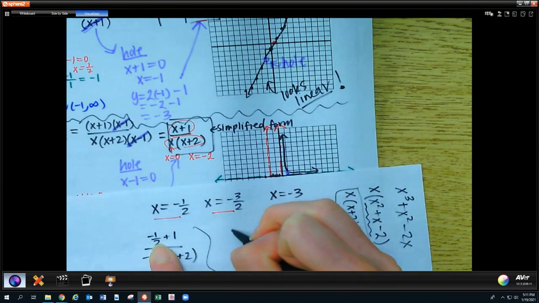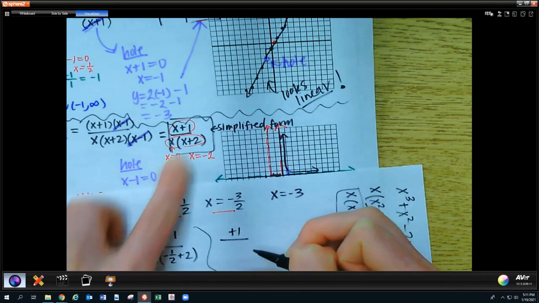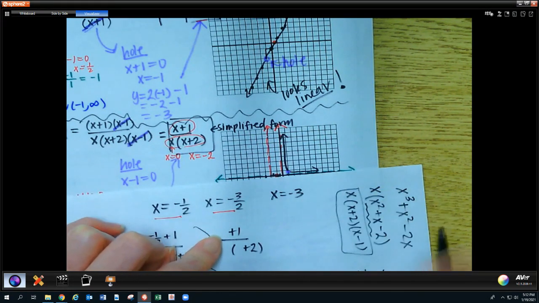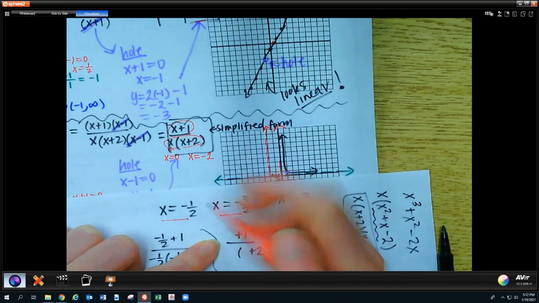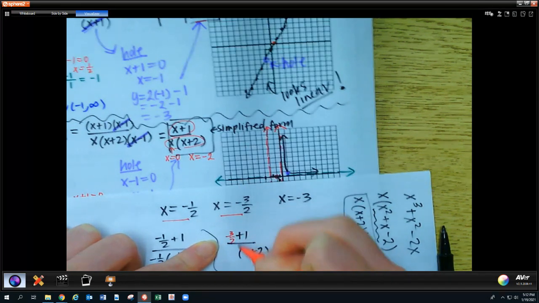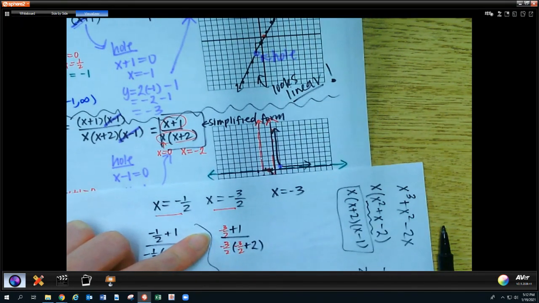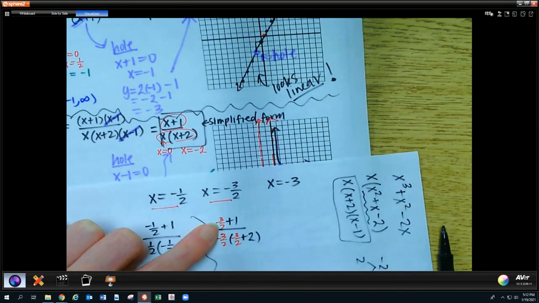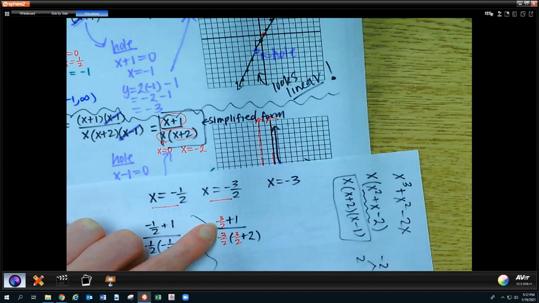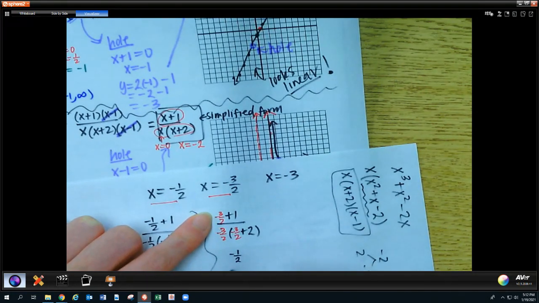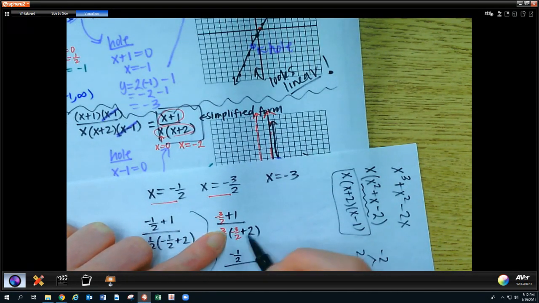Okay, now I'm going to plug in the negative 3/2. Okay, and so plugging it into 3 places. We're plugging it in here, here, and here. Okay, negative 3/2 plus 1 is negative 1/2. Negative 3/2 plus 2 is positive 1/2.